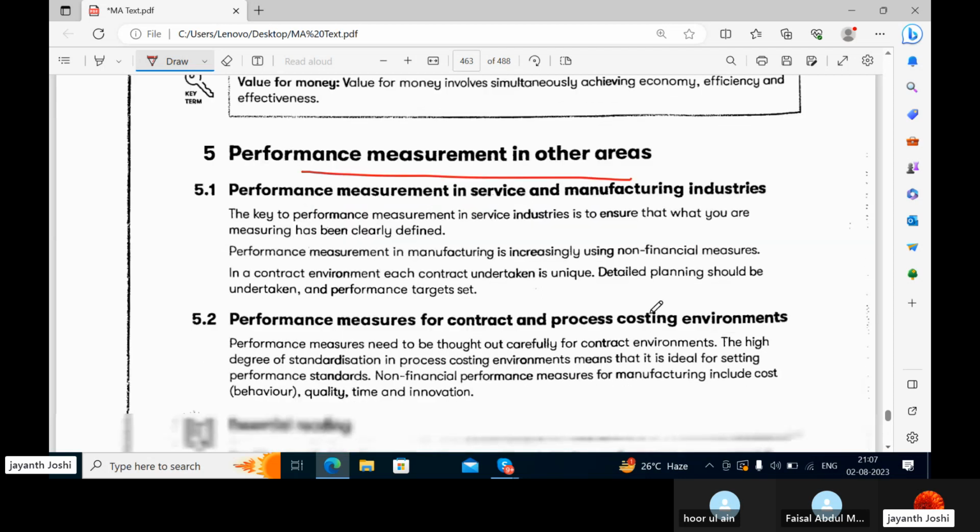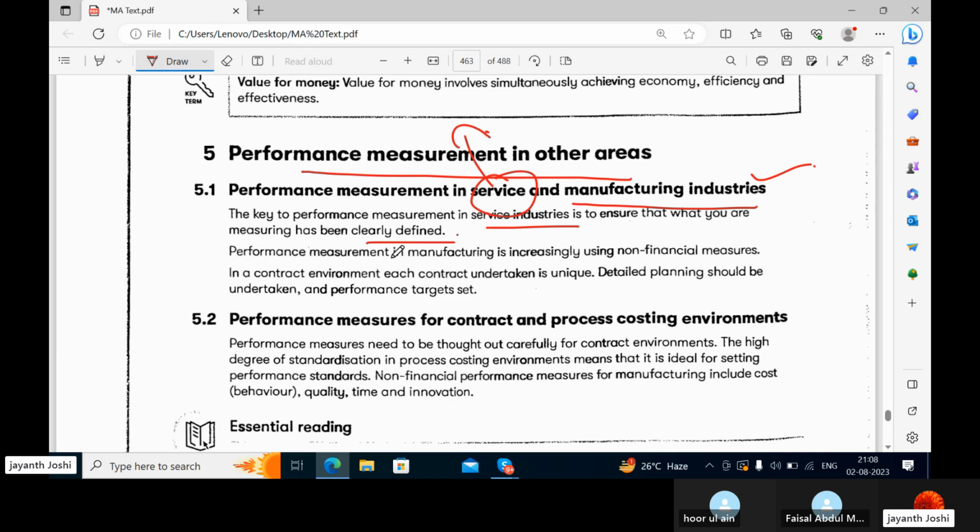Performance measurement in other areas. The key to performance measurement in service industries is to ensure that what you are measuring has been clearly defined. Again, that's a problem in service industries. I'm talking about hotels or the transport sector. A manufacturing industry is where inputs are converted to output.